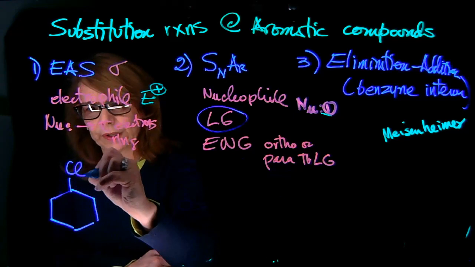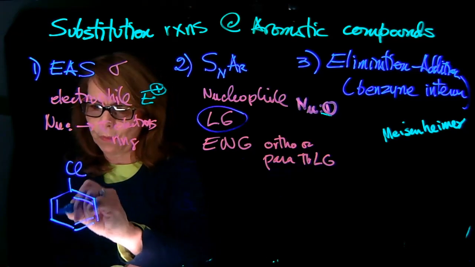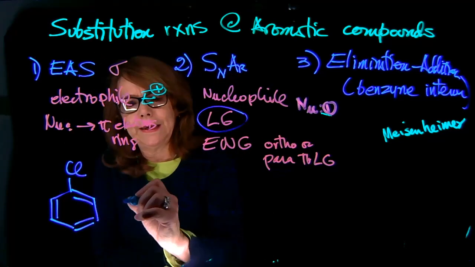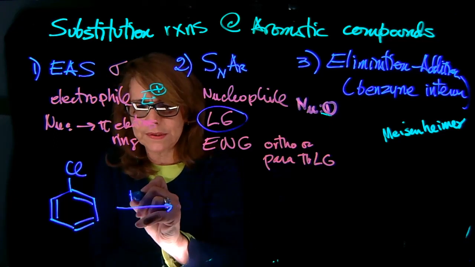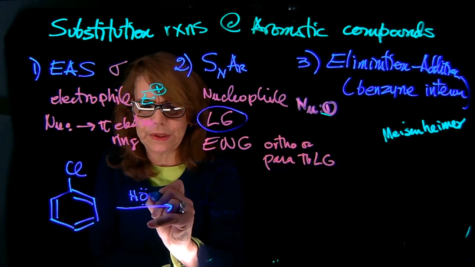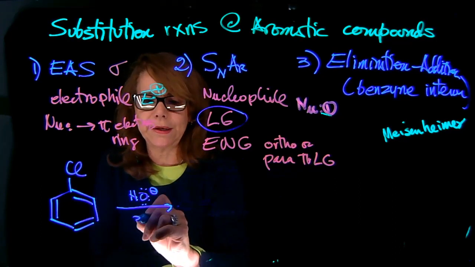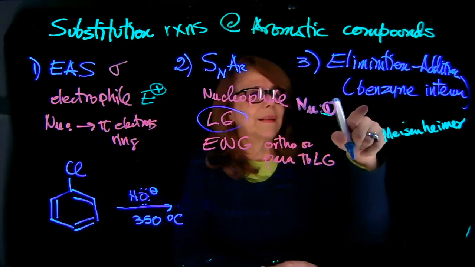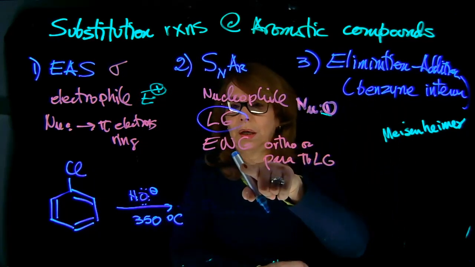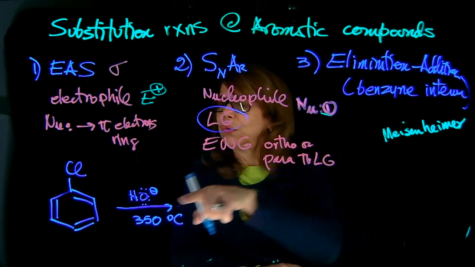Say that you have chlorine, so chlorobenzene, and this reaction I want to do, let's attack with a nucleophile, but here you need very high temperatures. So this reaction does not need an electron withdrawing group, but you do need a nucleophile.